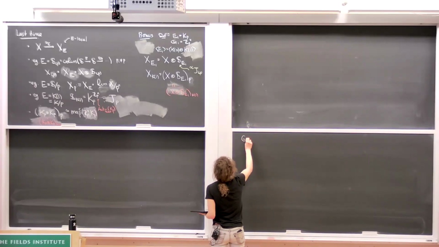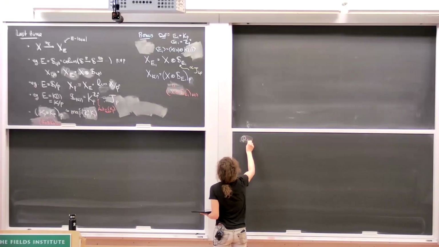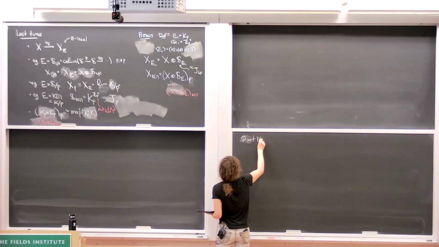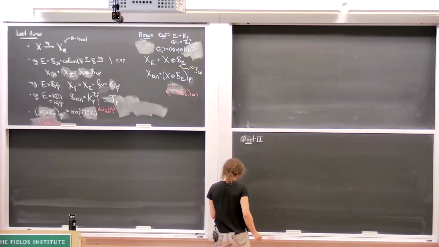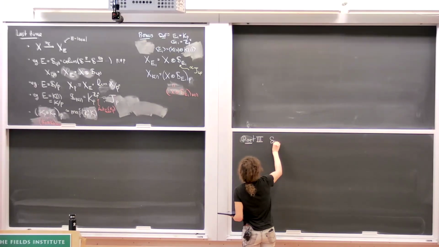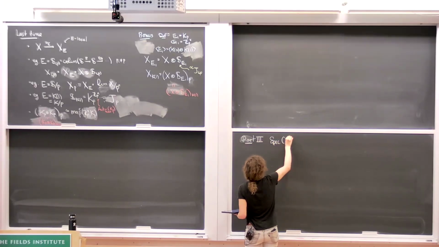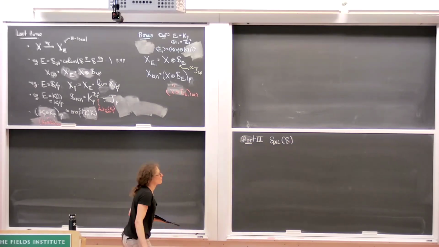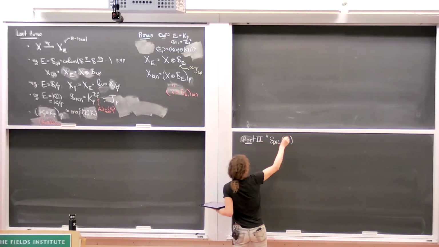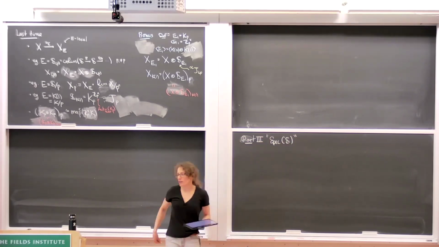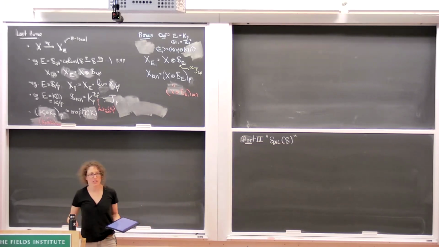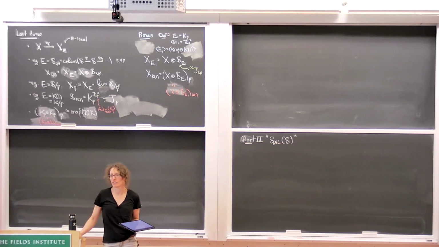Yeah. Okay, so now my next goal, maybe I'll call this part 3. I'm not sure if we'll finish part 3 in the next lecture. Probably not. But I want to sort of make sense of, what if I said Spec S, right? So what are the primes? They're the spectrum in the algebro-geometric sense of the ring Z, right? And if I have any ring, I have a spectrum, which is its prime ideals. There's a topology on it.